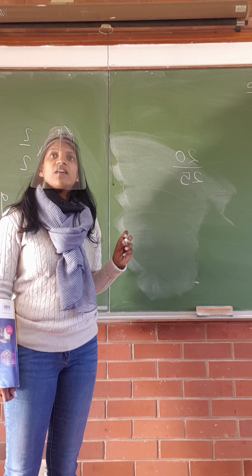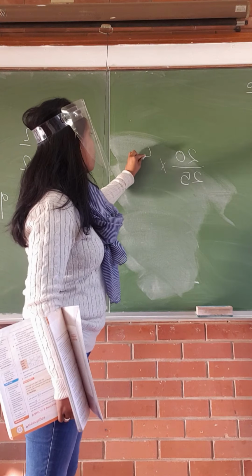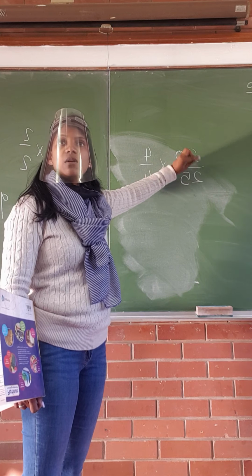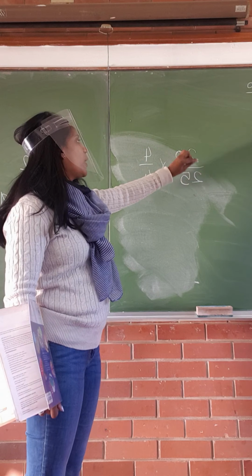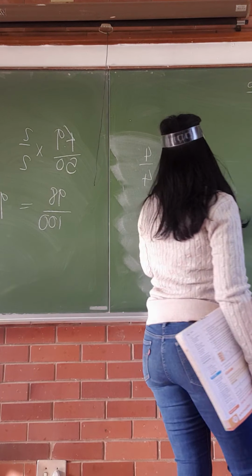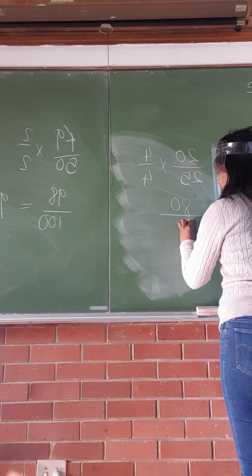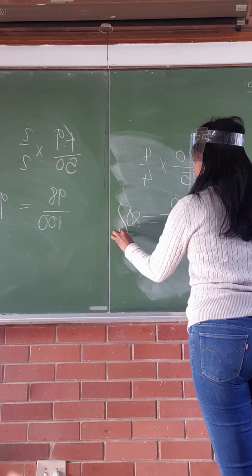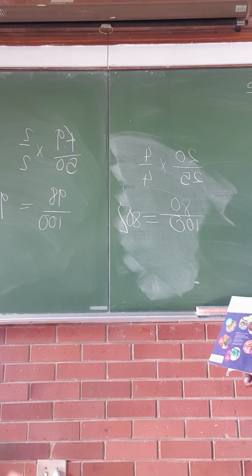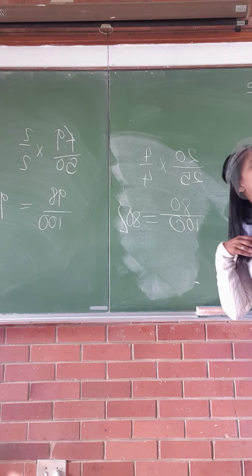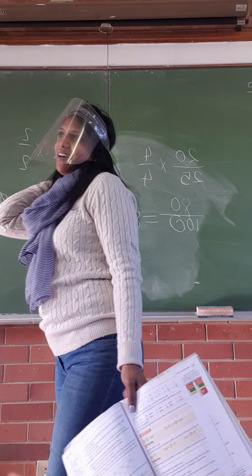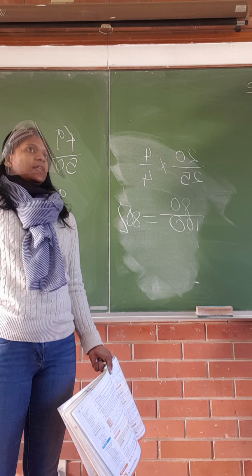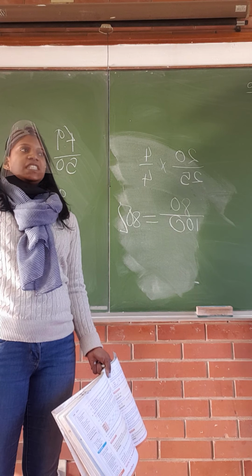I times 4. I never leave this one alone. What I do to the bottom, I need to do to the top. So what is 20 times 4? 80. And 25 times 4 is 100. So what is Menentle's percentage? 80%. Not difficult at all, isn't it? And we thought, oh, we're doing percentages, we're going to die. It's really one of the simple sections.